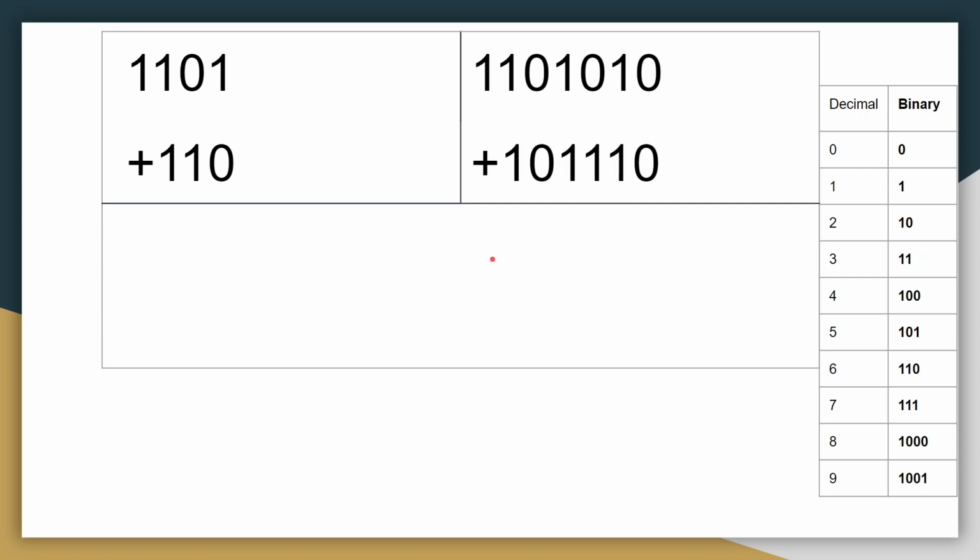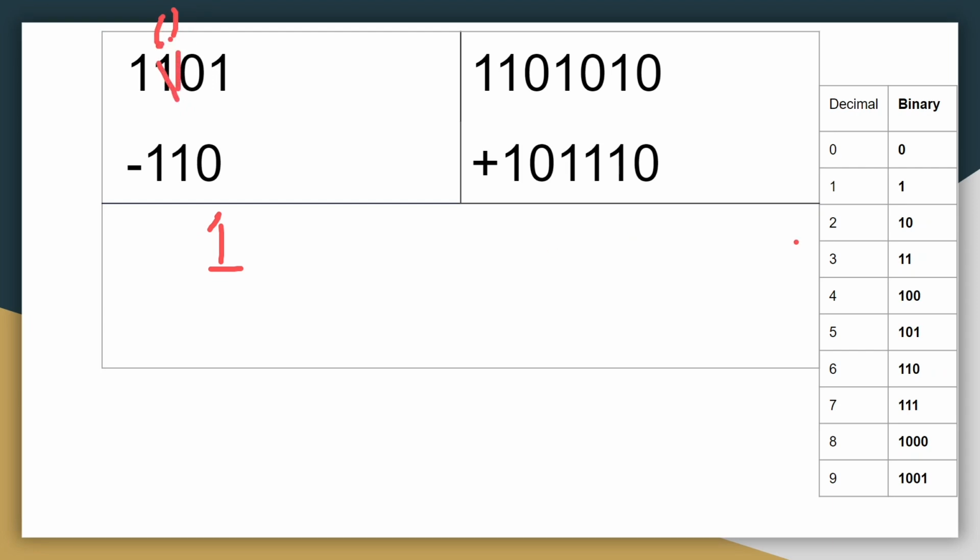Now let's move on to binary subtraction. This time it's 1101 minus 110. So 1 minus 0 is 1, there's nothing to be subtracted. Then 0 minus 1, here we have to borrow. This becomes a 0, and this becomes 10.